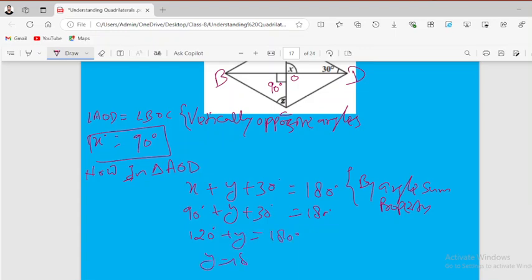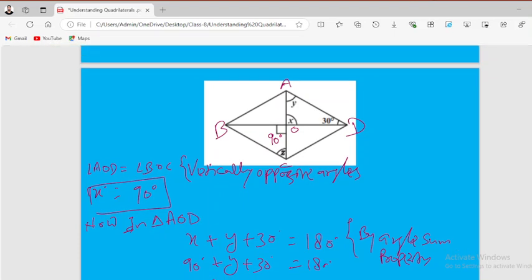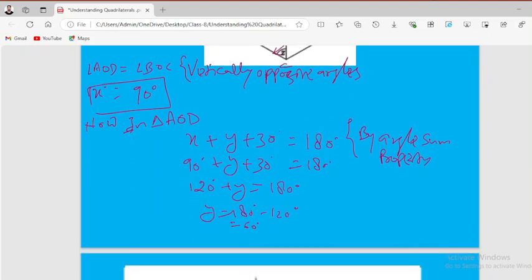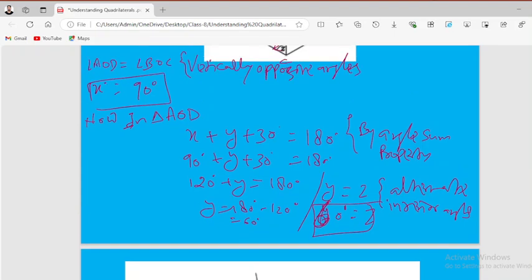So y is equal to 180 degrees minus 120 degrees, which is 60 degrees. Angle y and angle z are alternate interior angles, so angle y is equal to angle z. So y is 60 degrees, and z is also 60 degrees. This is the solution of this question.